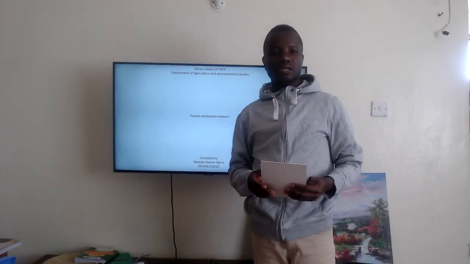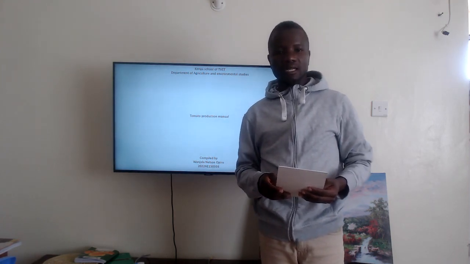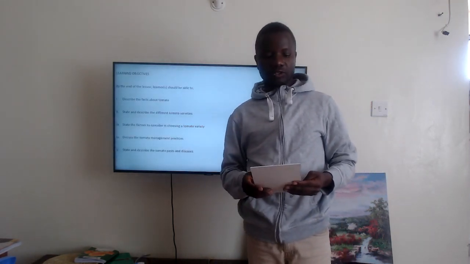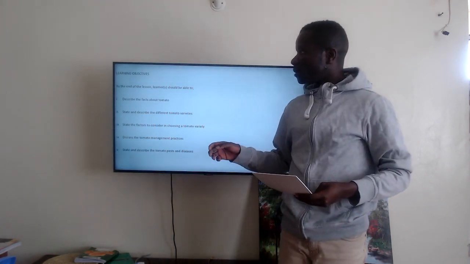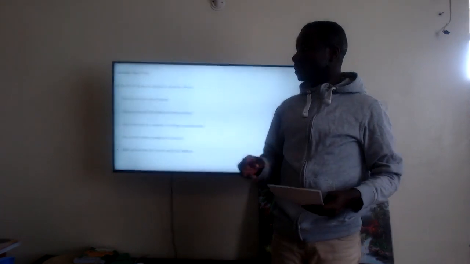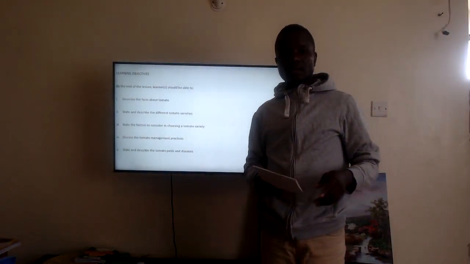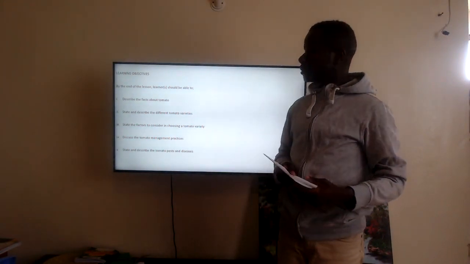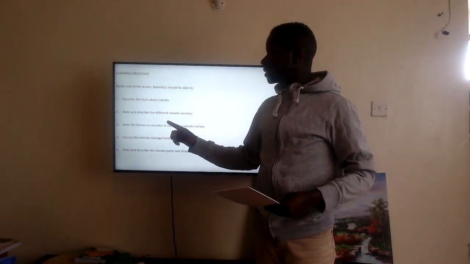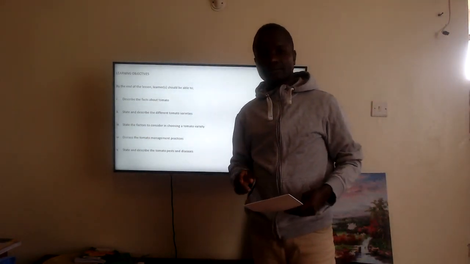Before we begin our lesson today, allow me to introduce to you the learning objectives for this lesson. By the end of this lesson, the learner should be able to describe the facts about tomatoes. Number two, the learner should be able to state and describe the different tomato varieties.